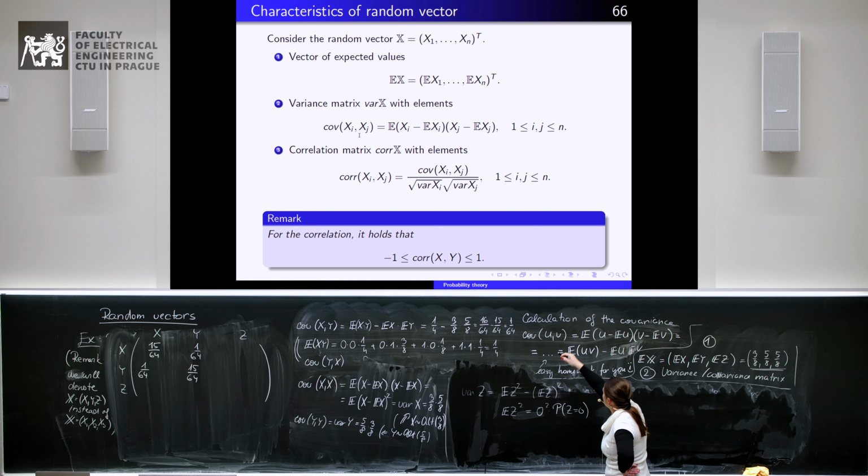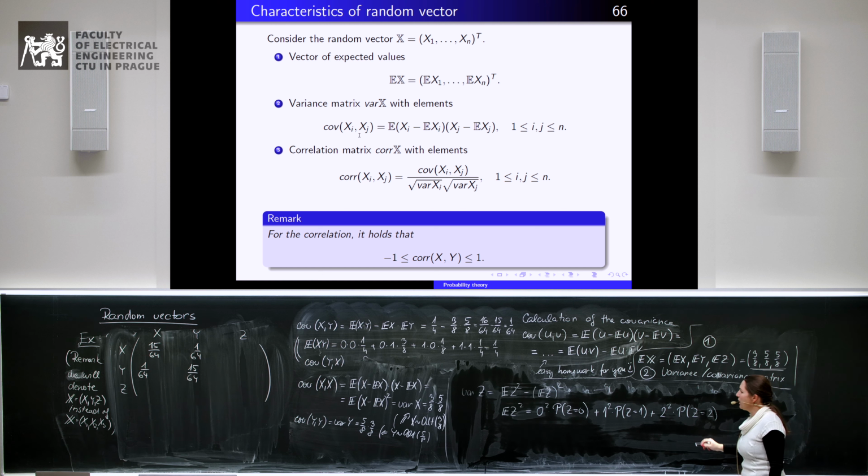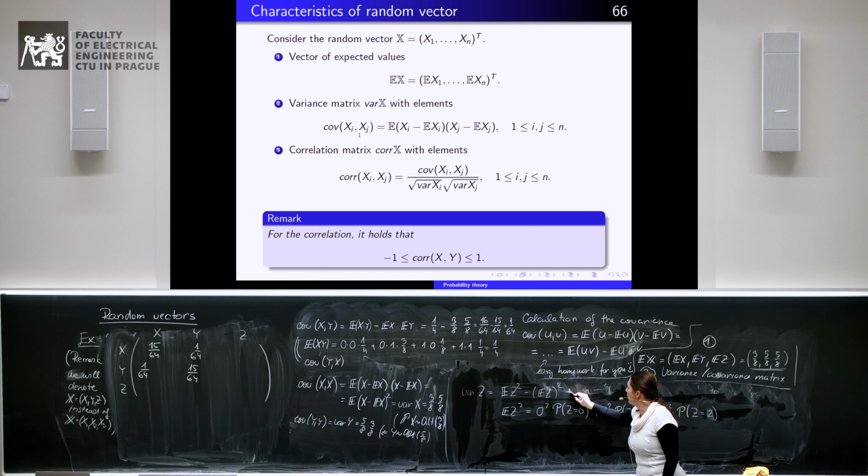Okay, it was written here, I don't remember it. So it will be calculated in this way. Then the expected value of Z is the third item of the vector of expected values, and you would have the variance.